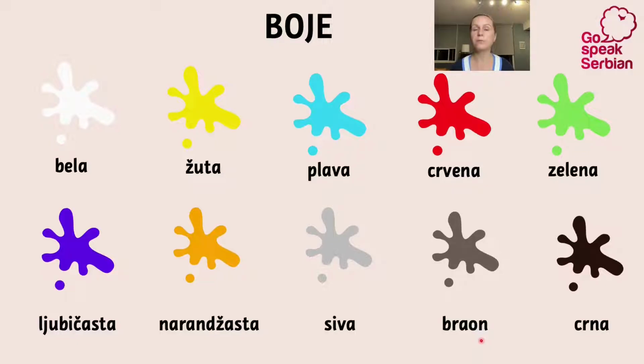So brown will always be brown, regardless of the case or the number of the noun that it accompanies. This does not apply to other colors. They will be changing just like any other adjective in Serbian language, according to the case, the number, and the gender of the noun that they accompany. And we will see examples of this right on the very next slide.